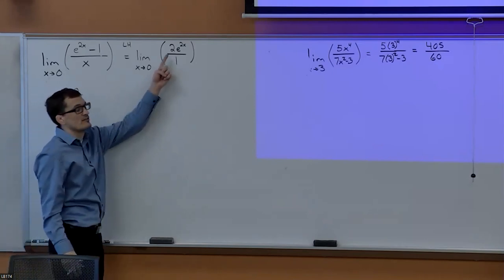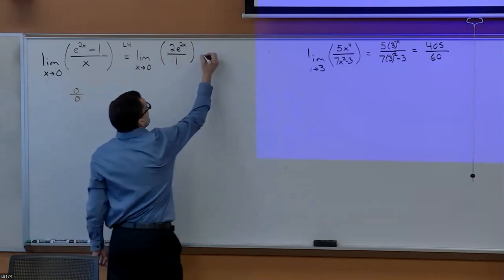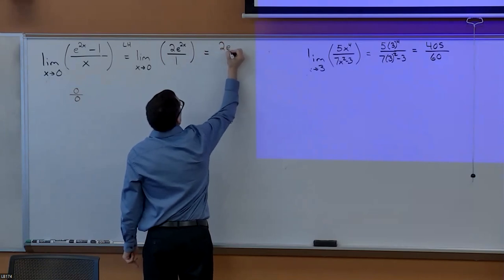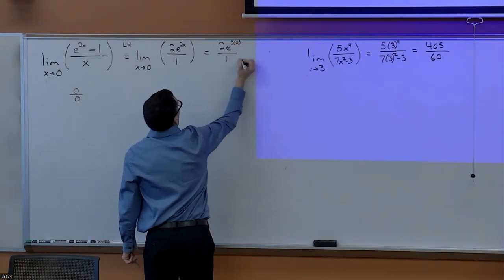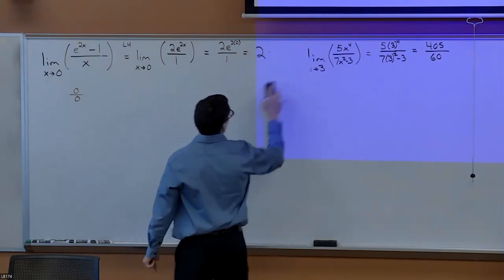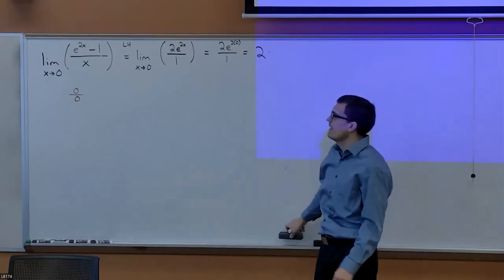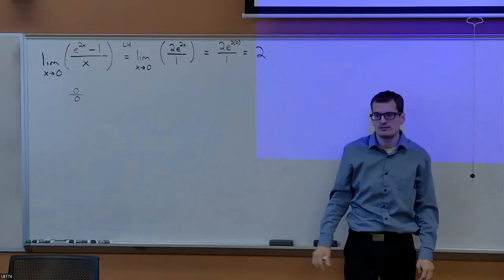Now I can plug in 0 and see what I get. And if we plug in 0, it turns out you get the number 2. So that limit is actually 2 using L'Hopital's rule.